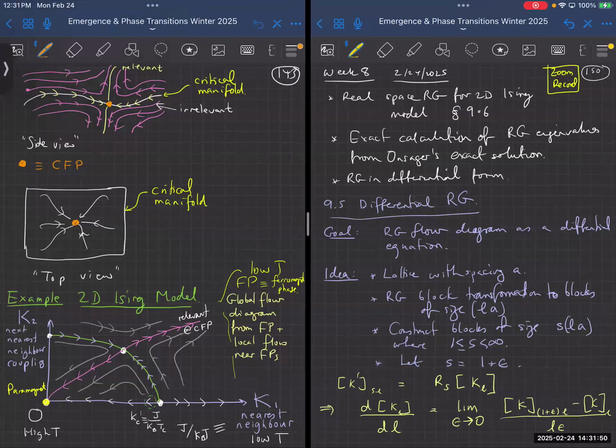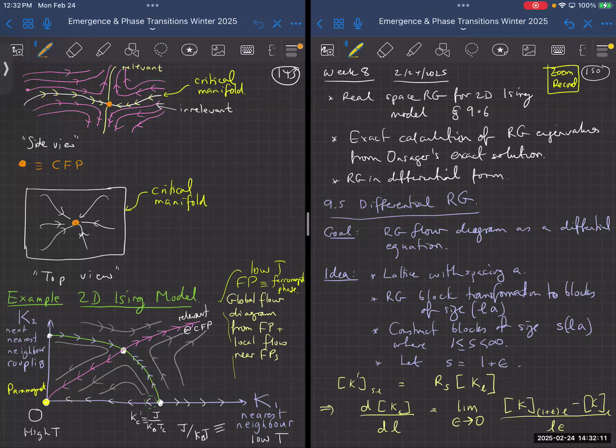Okay, so last week we looked at renormalization group flows, and we discussed the general properties of renormalization group flows, and we looked at particular examples of the 2D Ising model and the next nearest neighbor Ising model and the nearest neighbor Ising model.